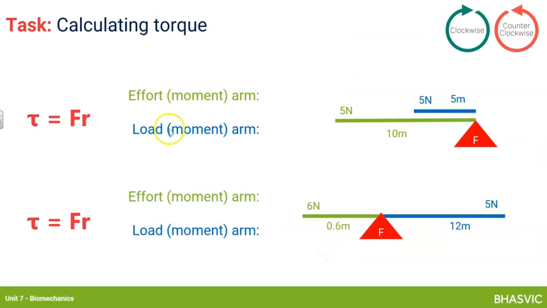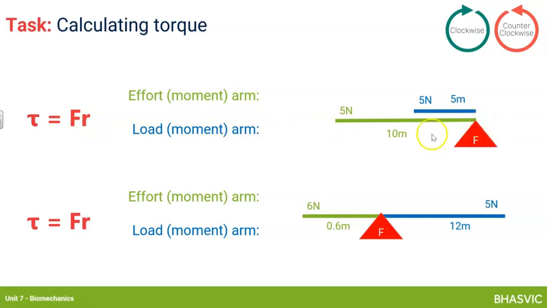Here's some more examples to have a look at. So top example, we've got two moment arms. Okay, so there are two calculations for each of these examples. Let's do one at a time. So just looking at this top example, torque is force times moment arm.